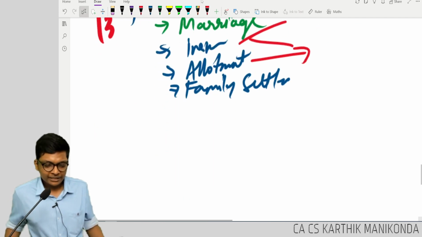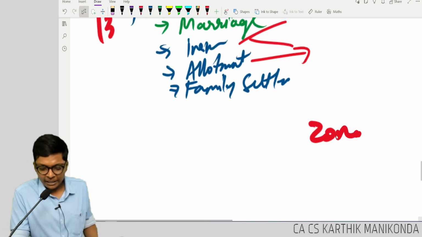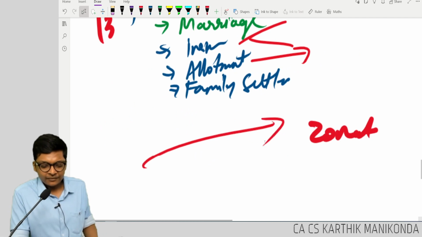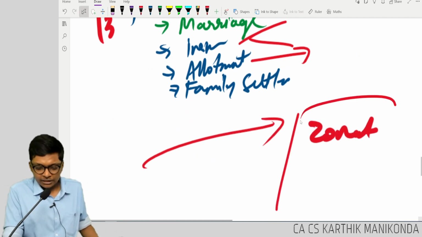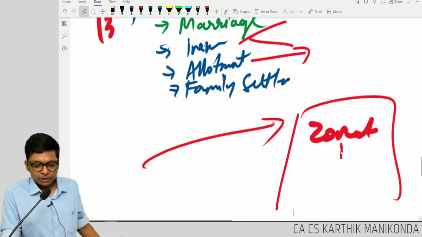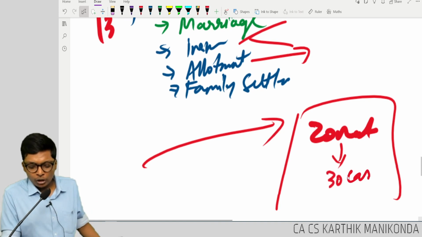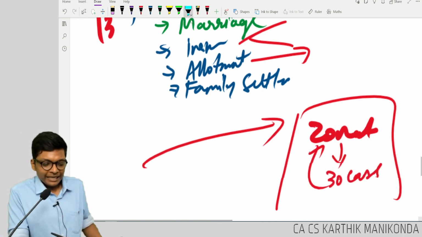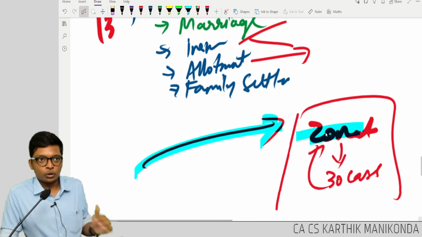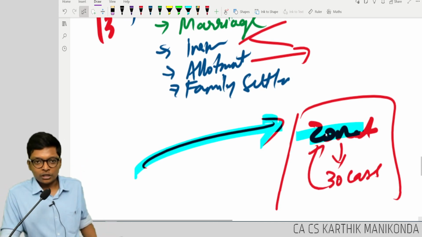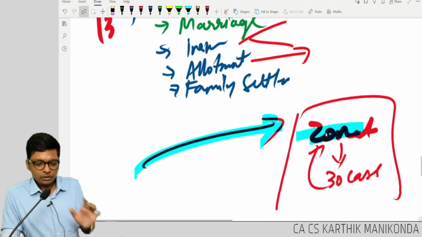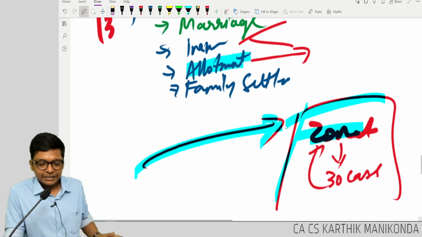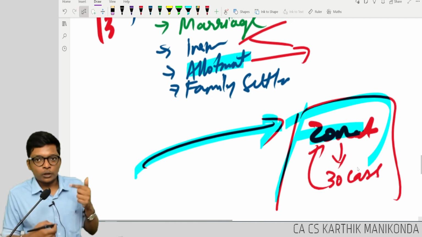For example, Zomato went for an IPO recently. Everybody invested money in Zomato looking at the prospectus. But Zomato has 30 court cases against it, for example. Later only you found out. You are asking Zomato, why didn't you tell me this earlier? He says, you didn't ask. Share allotment, these things you have to disclose. Being silent is equal to fraud.